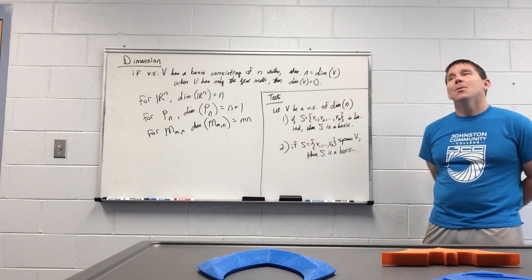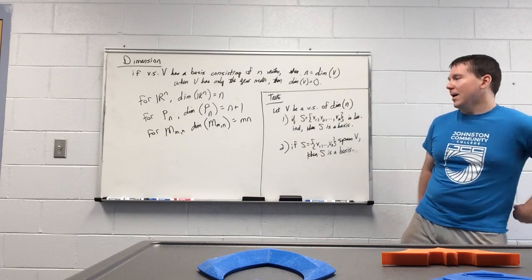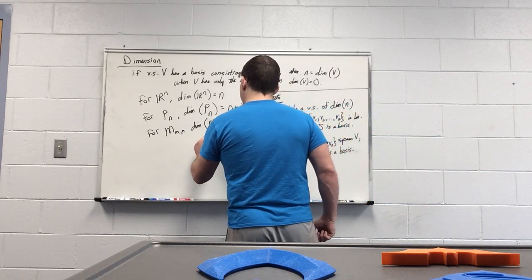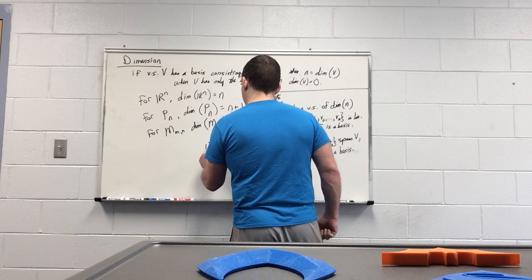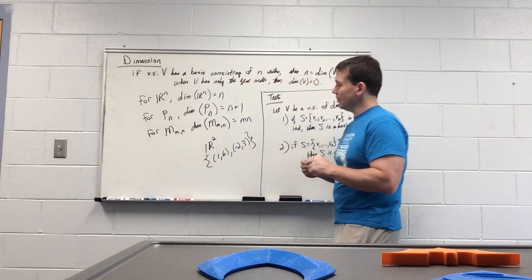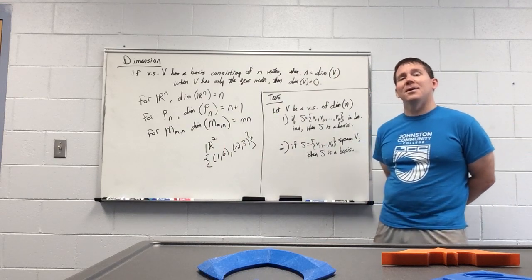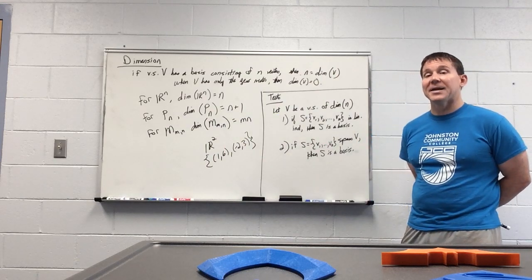And keep in mind, for a given space, we'll use R2 again, (1, 6), (-2, 3). Can I write one of those as a combination of the other? No. So they're linearly independent.